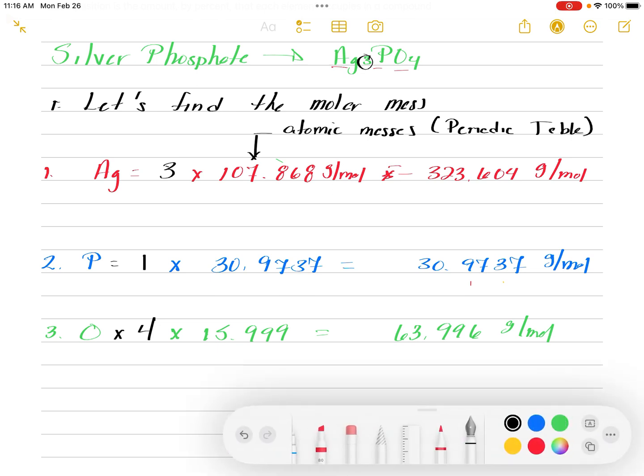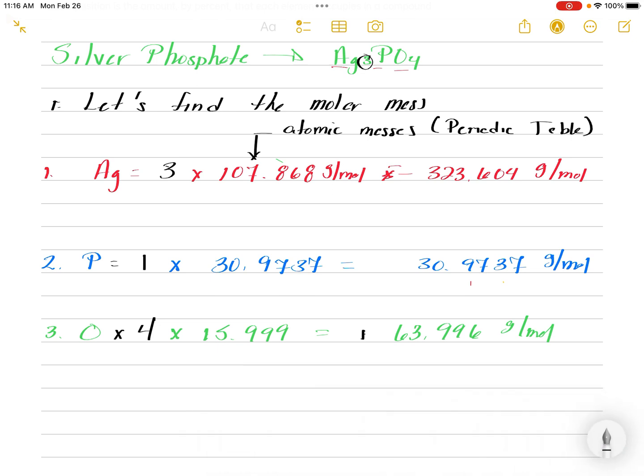Now, if I take all these numbers and add them all up, I'm going to end up with 418.5737 grams per mole. This number here is the molar mass.